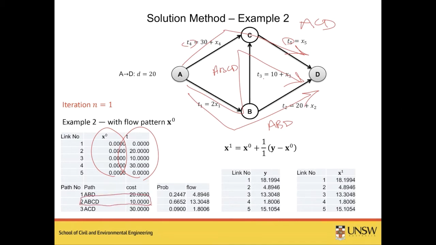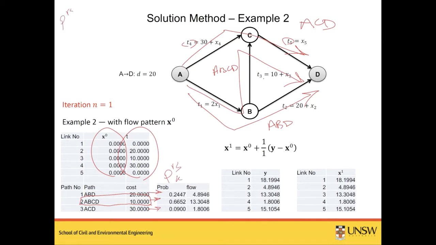But we don't do that anymore because we know that in a stochastic UE, people will be split to all these possible paths between this origin and destination based on some probabilities that we have to calculate given the utility functions. So now for every path, we calculate that P_rsk.